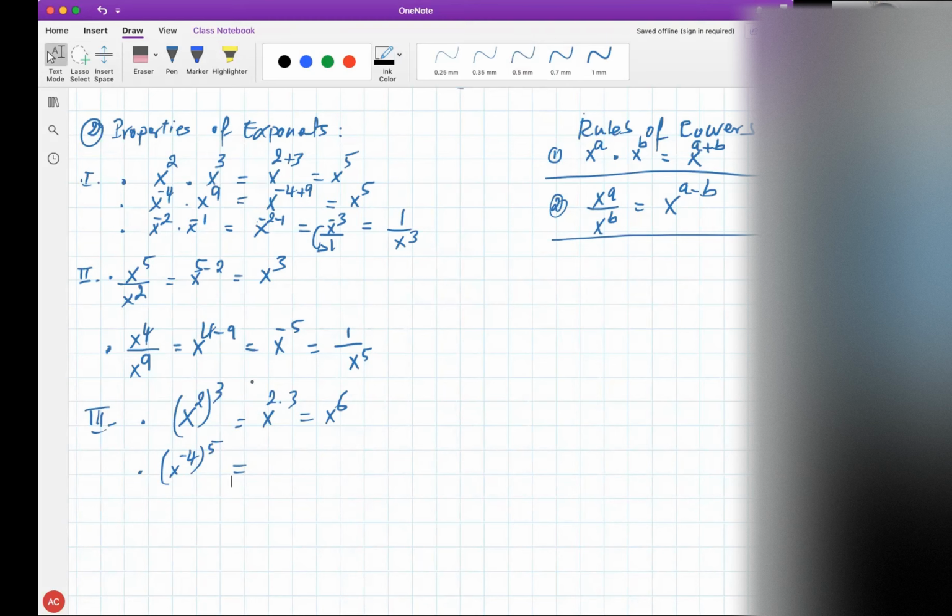What is this equal to? Multiply -4 and 5. It would be -20. Then flip. Then make it 1 over x to the power 20. That's right. So that's a negative power, and you flip it, and it becomes 1 over x to the power 20.